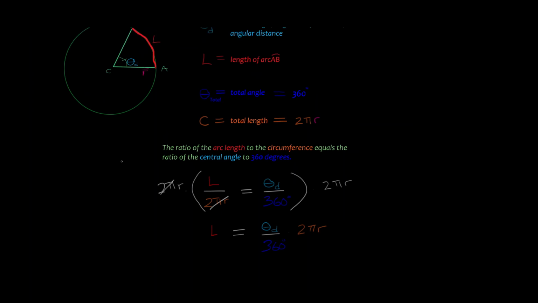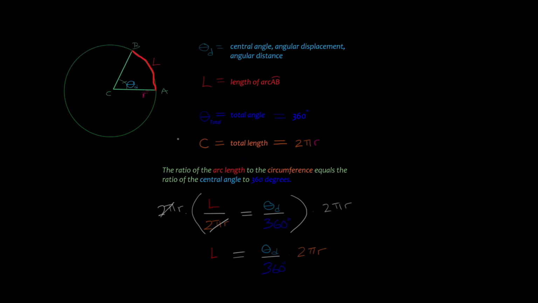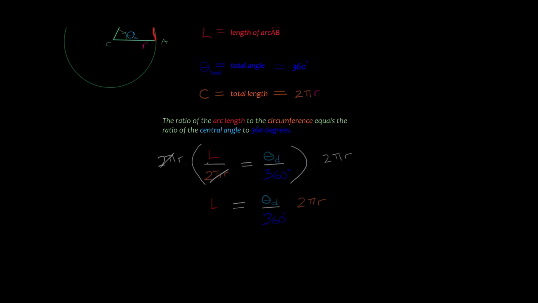So if we look back here at our picture, we just want this component of the total circumference. So if we take the total circumference and multiply by this ratio, the ratio of the central angle to the total angle, well, that'll give us that portion of the circumference that we're interested in, also known as our arc length. So that wasn't too bad.